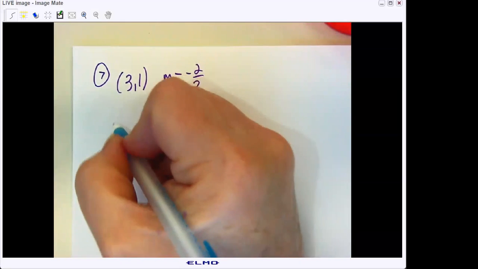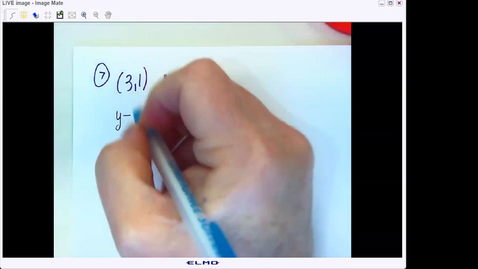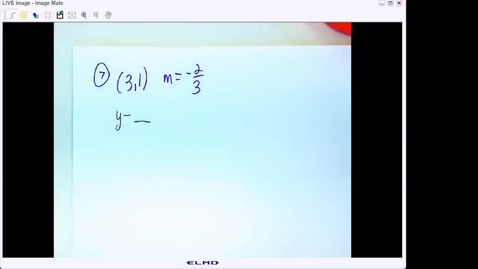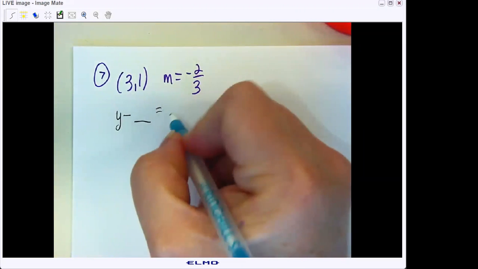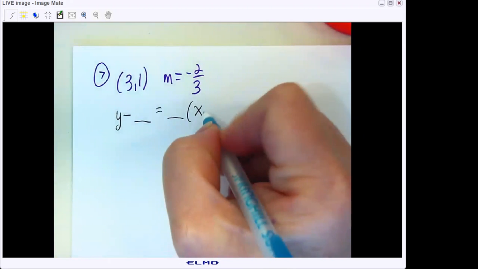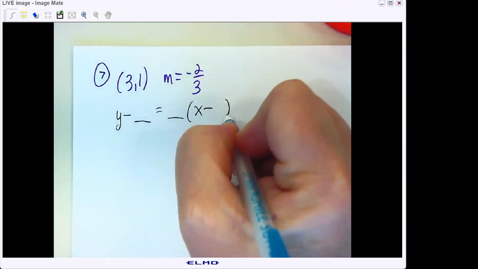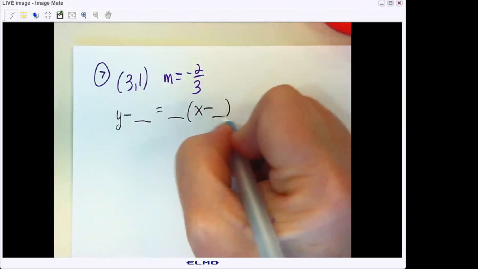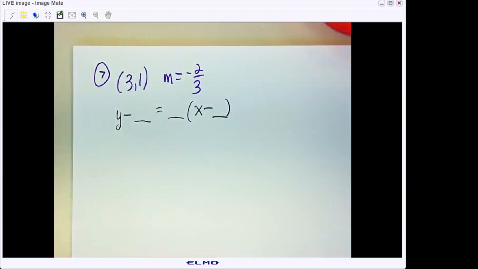Okay, so we're going to fill in y minus, and I'm going to write this, this is the only other time I'm going to write this. Okay, thank you, Marisol. I'll post the notes. y minus a number is equal to a number times x minus something. Those are the three that you're filling in.